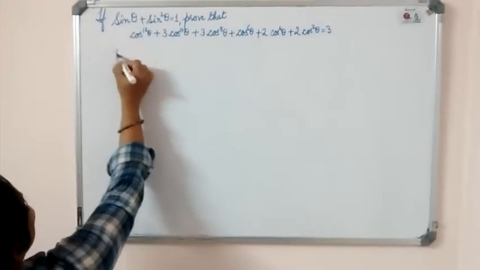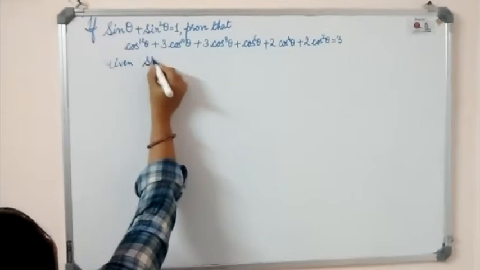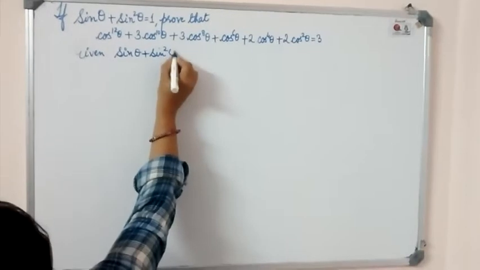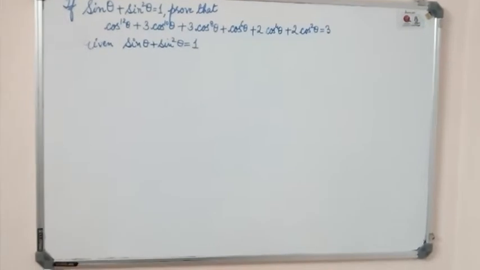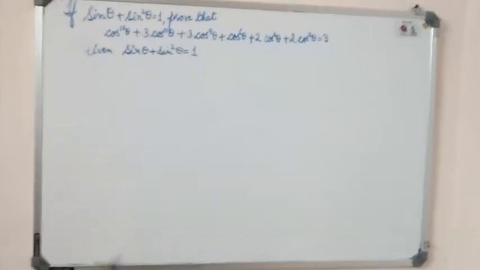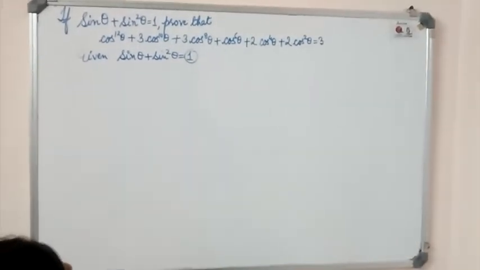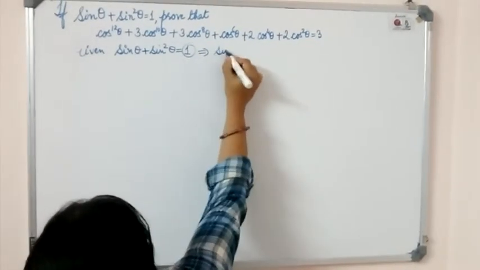So let's begin with the given portion. We are given that sine theta plus sine square theta is equal to 1. Now we all know the first trigonometric identity is sine square theta plus cos square theta is equal to 1. So I'm going to replace this 1 with sine square theta plus cos square theta. Let's write it again. The left hand side will remain as it is.